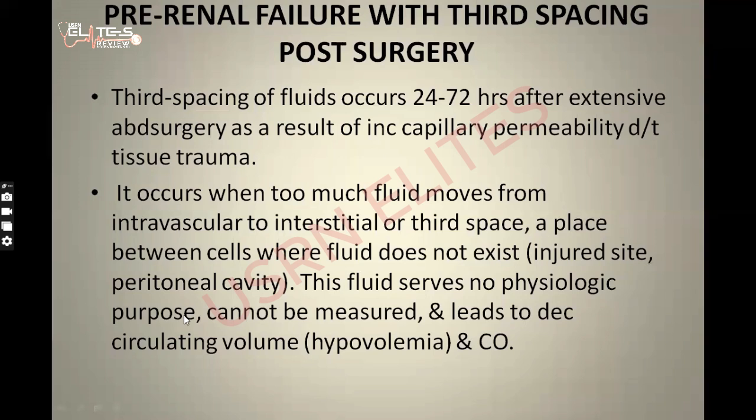Whichever fluid that is in your stomach is serving a purpose. Whichever fluid that is anywhere where you naturally have fluid is serving a purpose. But you shouldn't get any fluid in between your cells or in between your tissues.